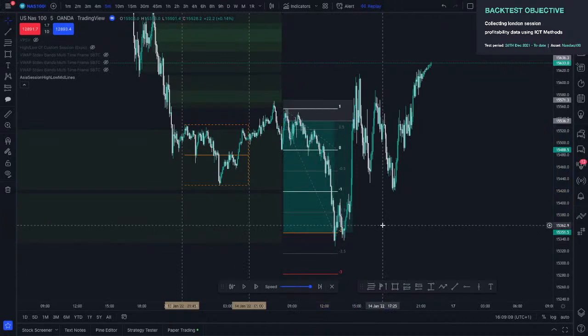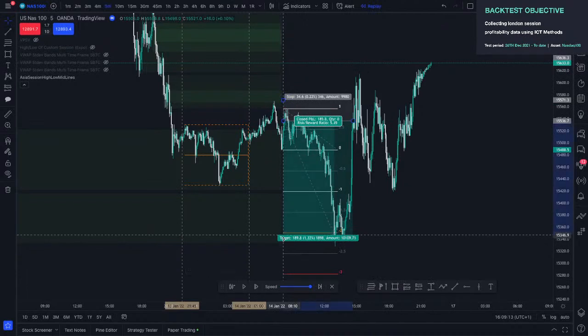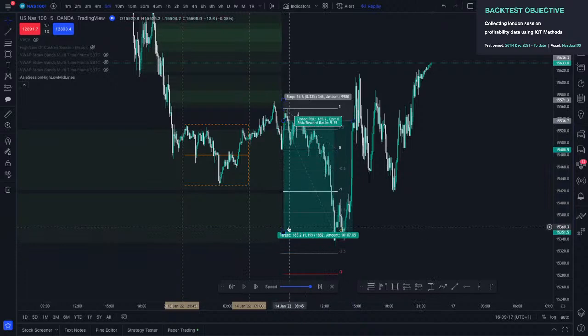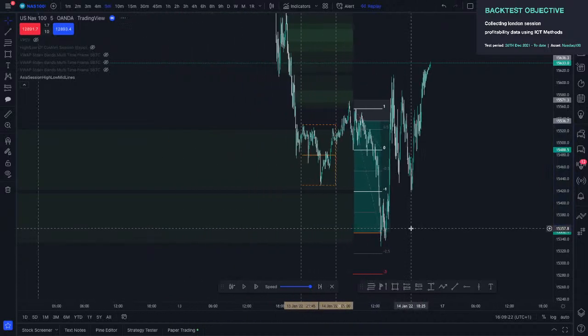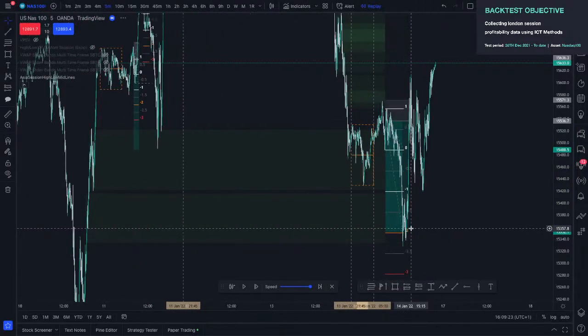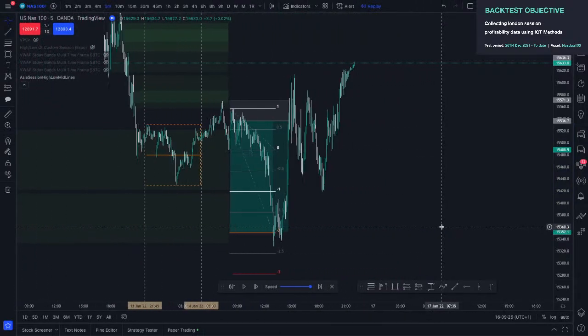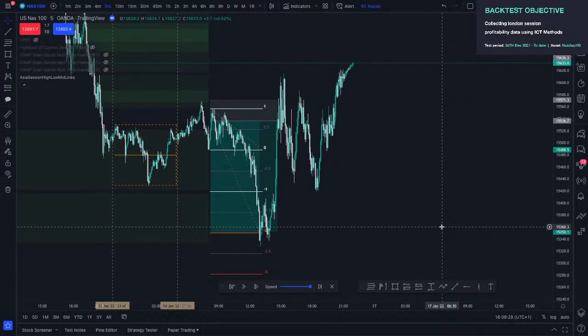All right. Why is it not pointing at the actual thing? Oh, fuck this. So the bias was bearish.